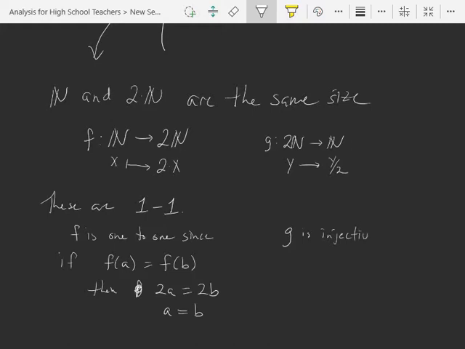I'll use that word this time, since if g of a equals g of b, a over 2 equals b over 2, which means that a equals b by multiplying by 2 on each side. Okay. So I have an injective function from one into the other. That means they kind of fit inside of each other, right? And they fit inside without any overlaps. 1 to 1 means there's no overlaps.